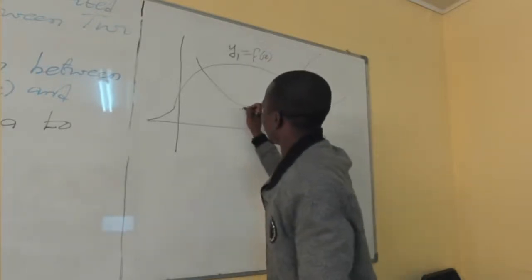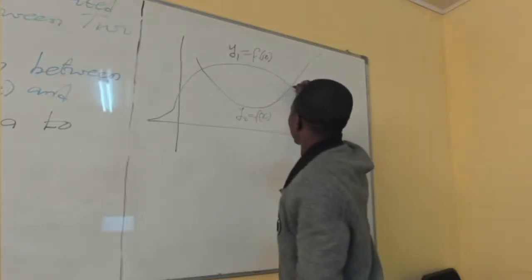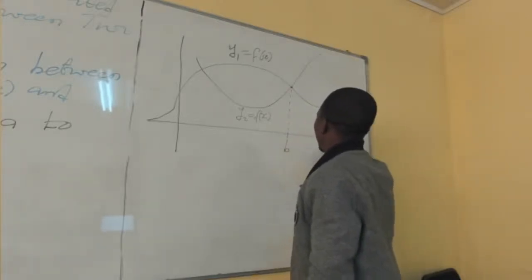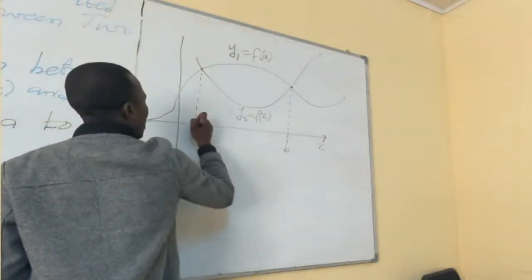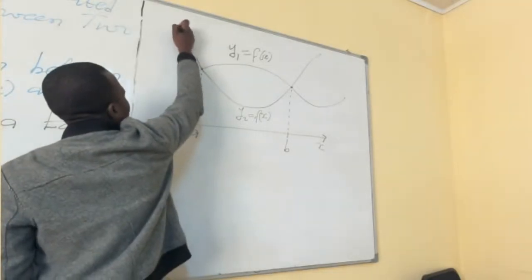The second curve is y2, which is equal to g of x. And these two curves meet at the same point where x is equal to b, and they also meet at this point where x is equal to a.